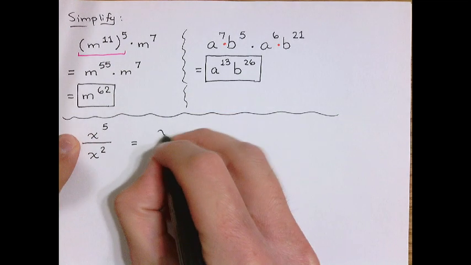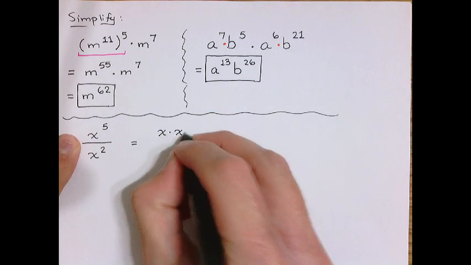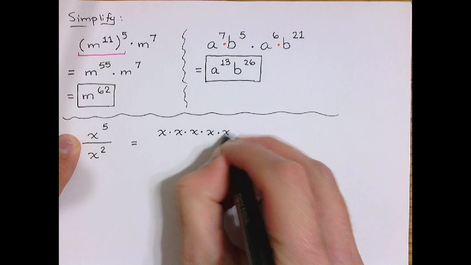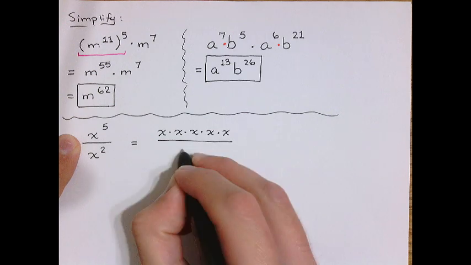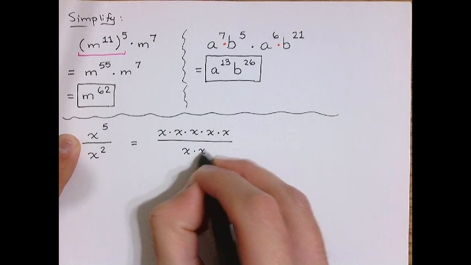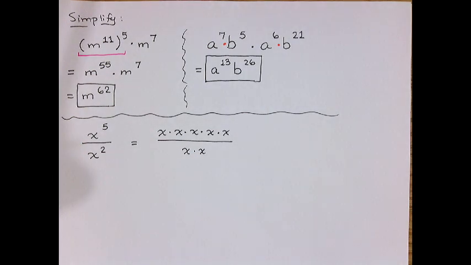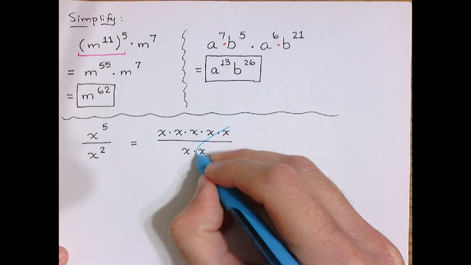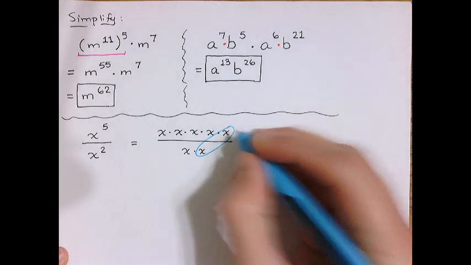All right, so remember what x to the fifth means. It means you have 5 factors of x in the numerator, and in the denominator you have 2 factors of x. So the reason that we get to subtract the powers is because when you look at this and you start to reduce, these guys get to reduce because it's one factor over itself.